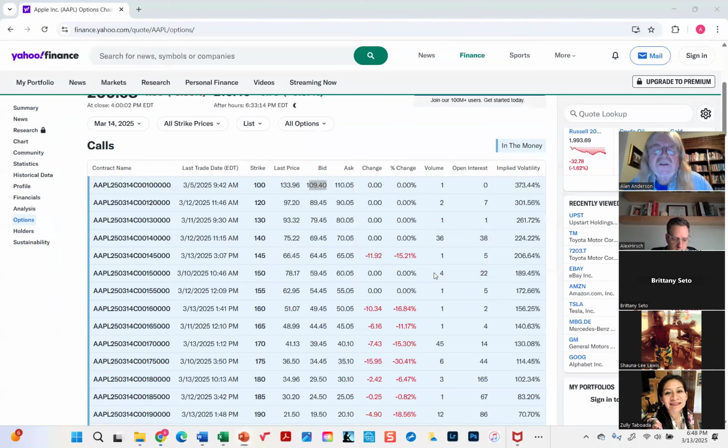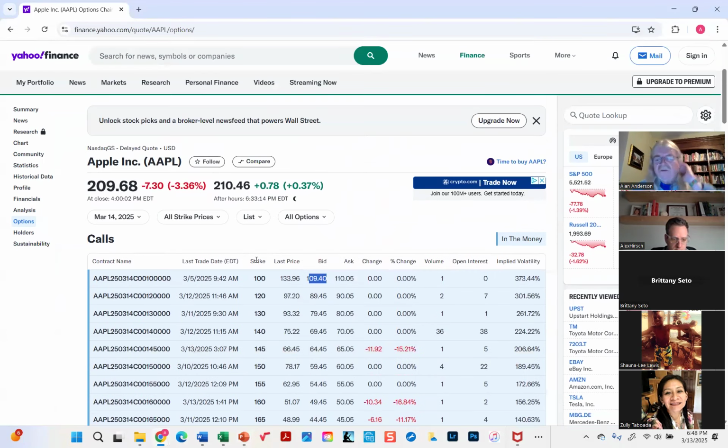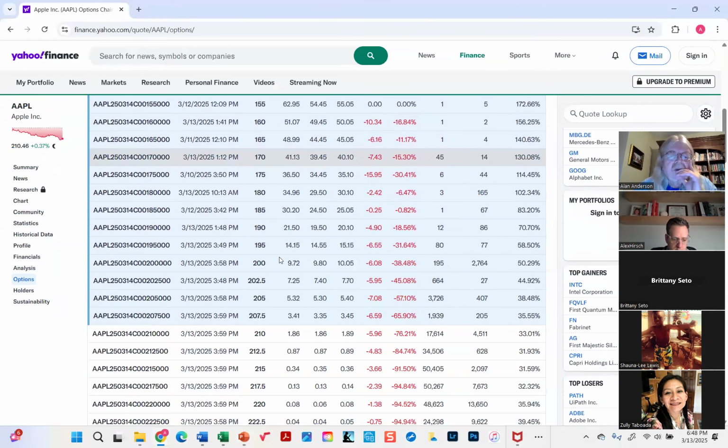Like for example, what if I buy this one at 200 strike at $10.05, and then tomorrow Apple announces a computer that they're bringing out that can, I don't know, transport us to the moon or something ridiculous like that.